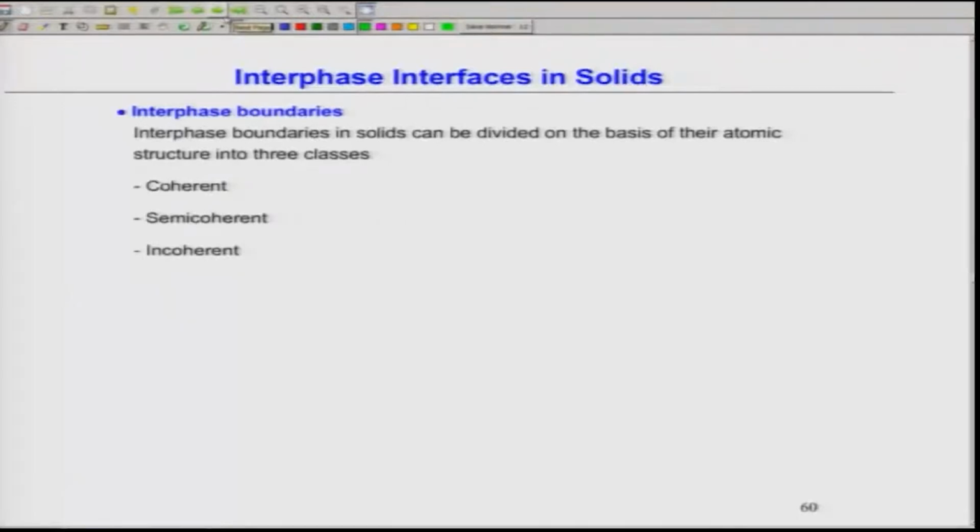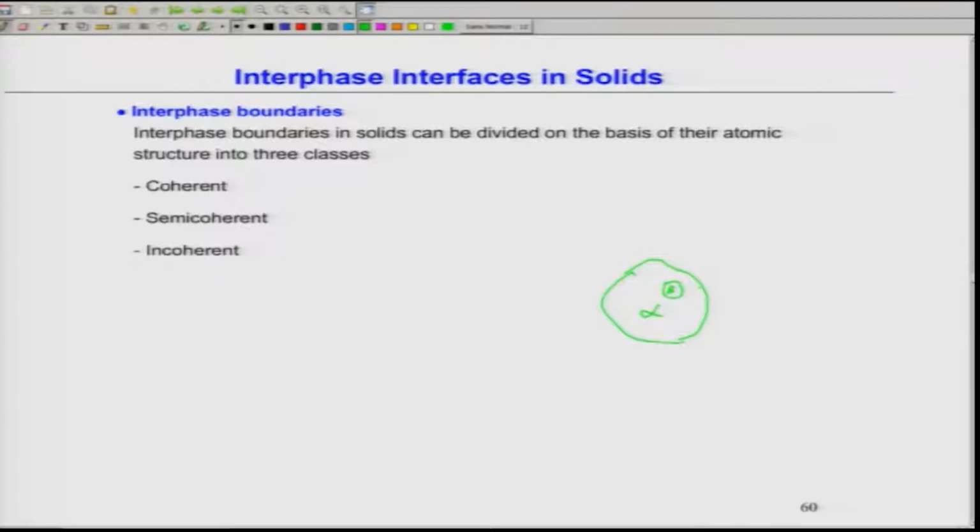Interface boundary basically means that you have, suppose, an alpha phase, and inside you have beta, and the boundary between them is known as an interface boundary, because they are 2 separate phases with different crystal structures and different chemistry. Therefore, we can no longer say this is a grain boundary between alpha and beta.